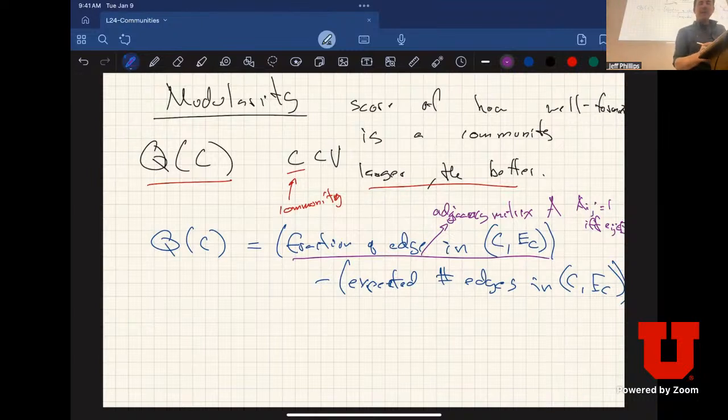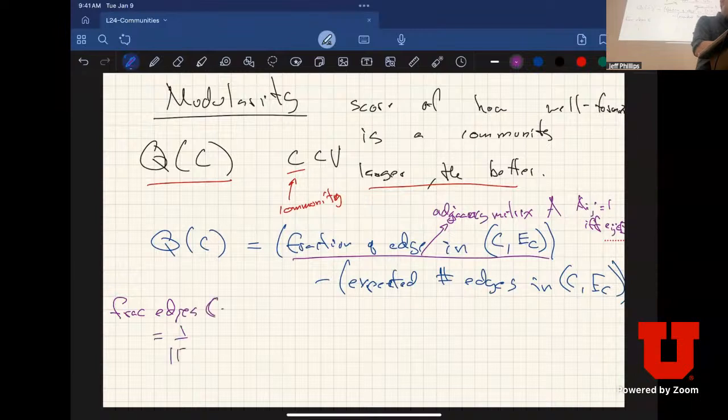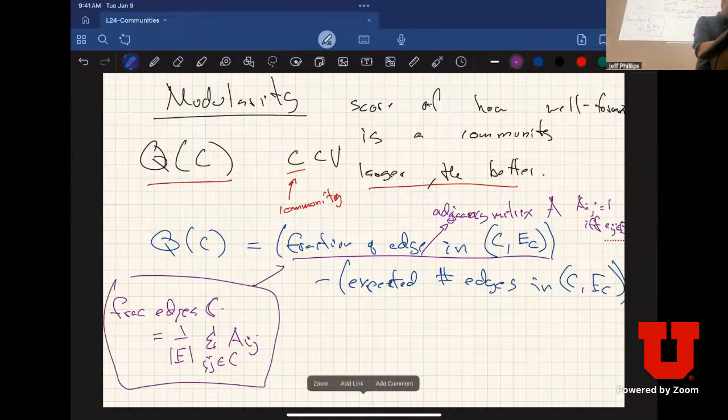And so then I can set the fraction of edges to be 1 over the number of edges times the sum over ij inside this community of Aij. Fraction of edges for C is equal to 1 over the number of edges times the sum over ij in C of Aij. That's going to be this term.